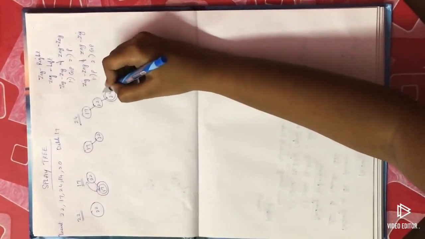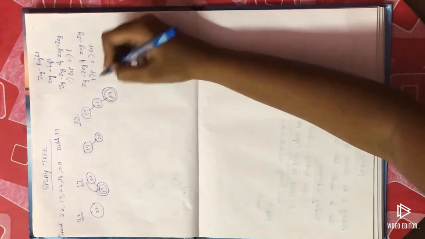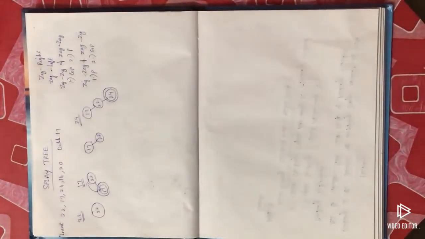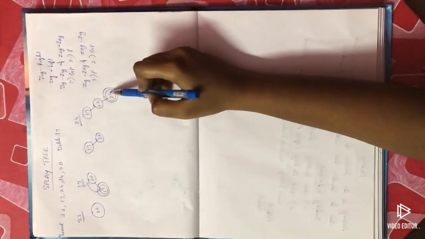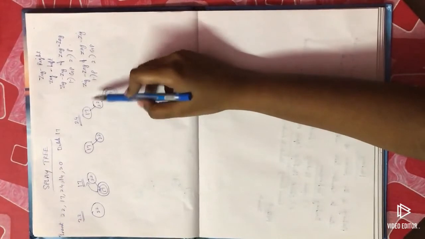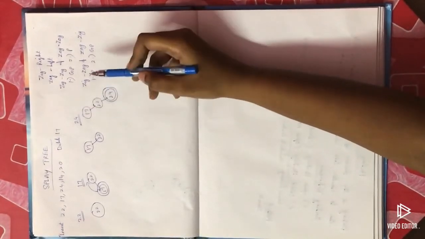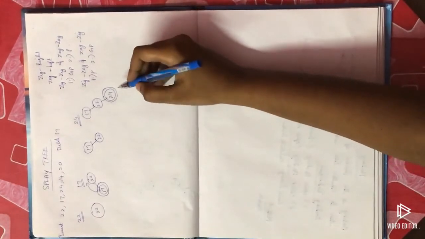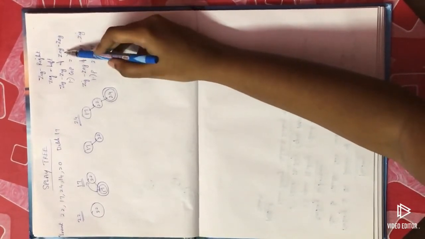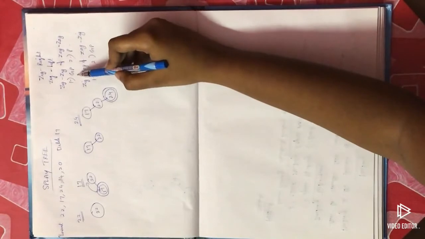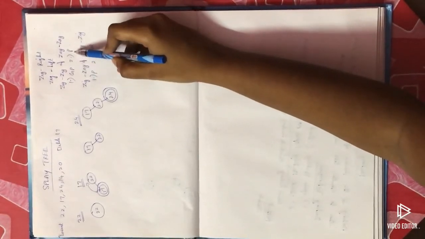So here I am going to splay this element to the root. What rotation do we need to follow? It is at the right side, so we need to bring it to the appropriate position at the root. So here we need to follow a zag-zag rotation. In the zag-zag rotation, first we need to rotate the grandparent, then the parent.